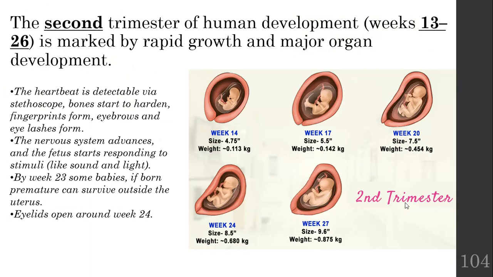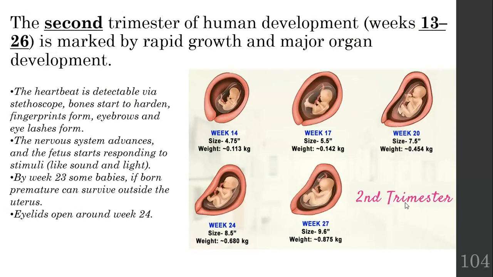Okay, fetus starts to respond to stimuli from the outside world, things like sound and light. Okay, by week 23, some babies, if born premature, can actually survive out of the uterus. They're very small. They require a lot of care, but the survivability is pretty good with modern medicine at this point in time.